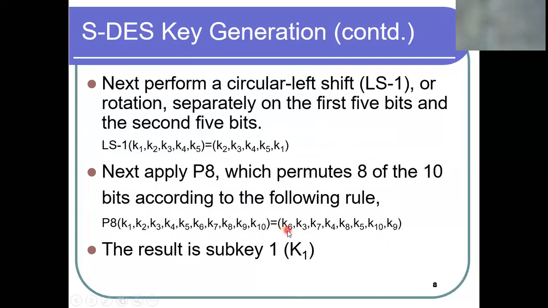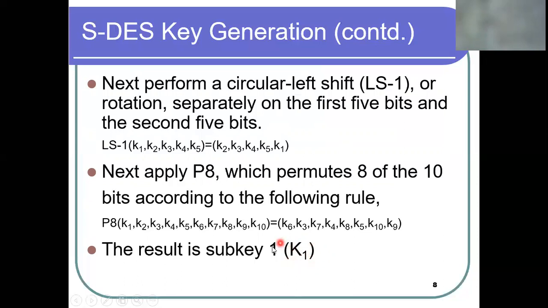First position will take the sixth position bit, or the sixth position will be placed on first, and third, basically k3, is placed on second position, k7 is placed on third position, k4 is placed on fourth position, and k8 is placed on fifth position. And students, you can see all the others by yourself, and ultimately that will give you the first key after applying P8.